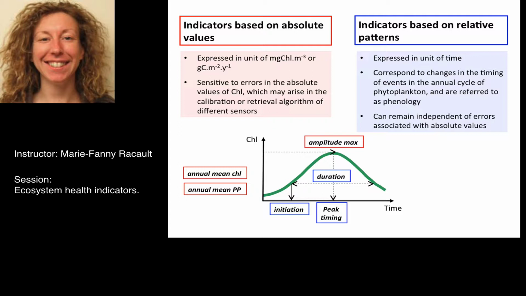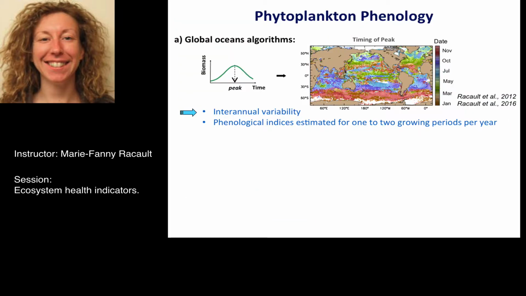Any, or actually all of these indicators may vary between years, so this is interannual variability. And this can happen, of course, at any pixel of the region of interest. You will get variation in this cycle. Some of these indicators we can look at in terms of absolute and relative indicators. What I call absolute indicators are those based on absolute changes.